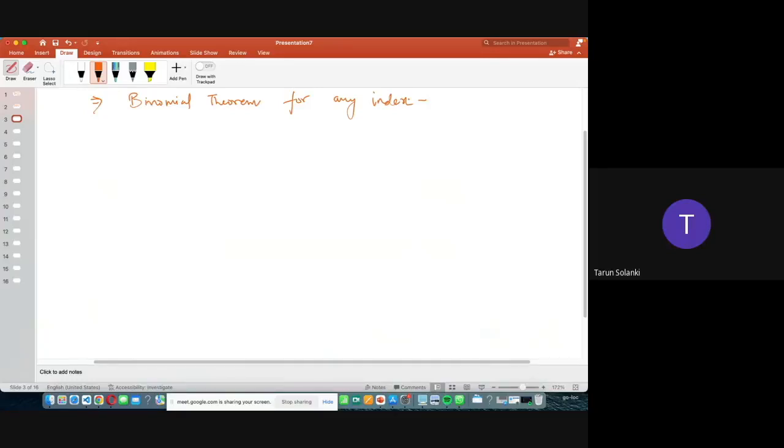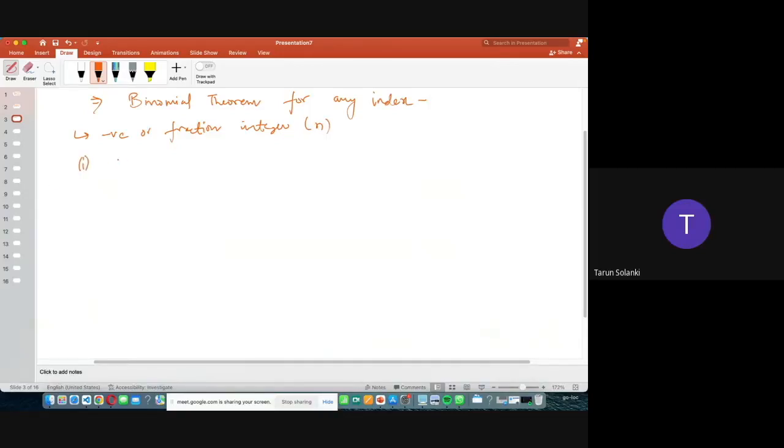Here, when n is a negative integer or a fraction, the expansion of the binomial is possible. The condition is that n is negative or a fraction.